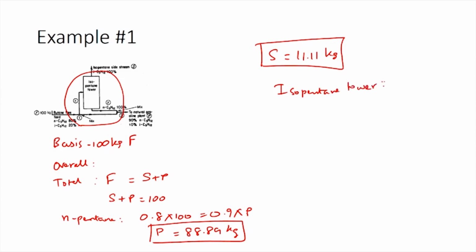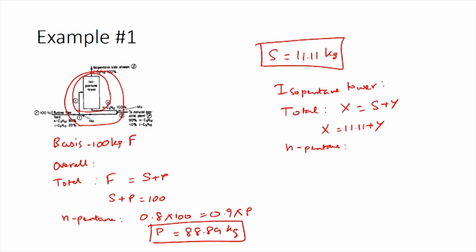When we choose the isopentane tower, the total balance becomes x equals S plus y, where you have x entering, S is the side stream which is leaving, and you also have y, the N-pentane which is leaving the tower. So, x equals S plus y, and we already know S is 11.11. This gives you x equals 11.11 plus y. You can also write an N-pentane balance.